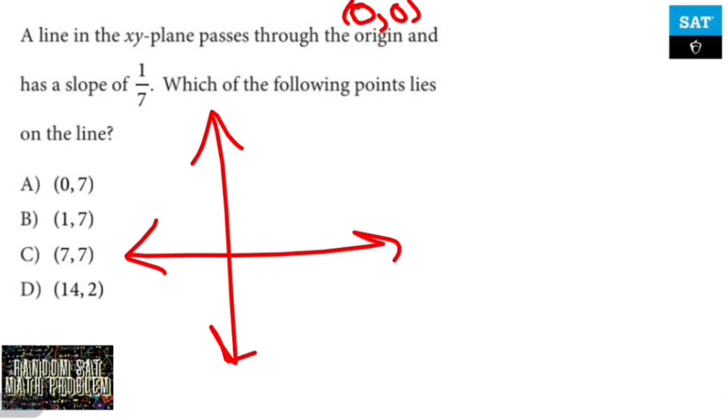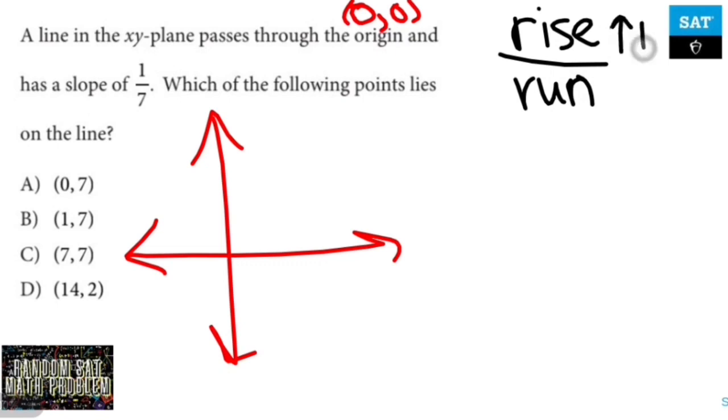Remember, 1 over 7 is going over the whole rise over run concept. So we're going over 7, up 1. Up 1 over 7 is going to look something like this. Very shallow.